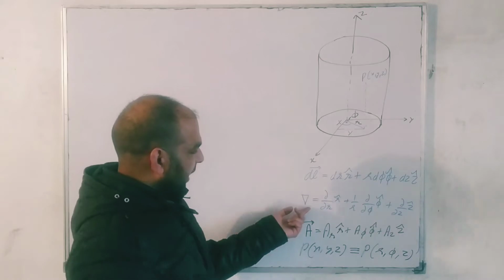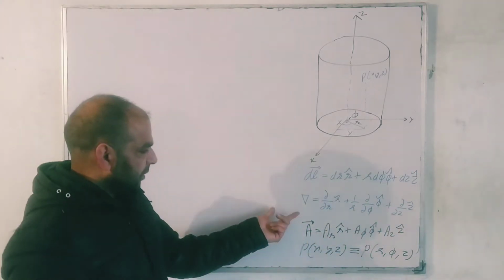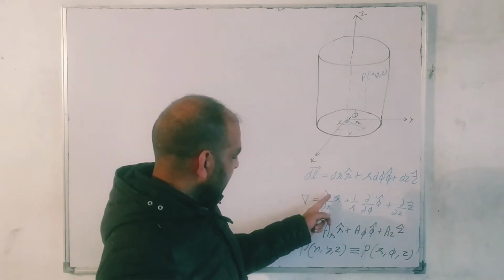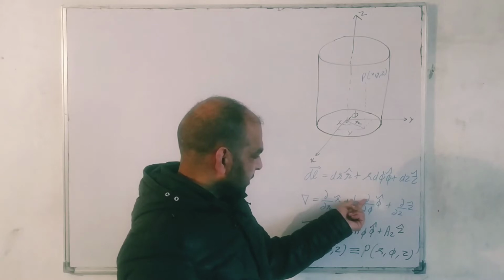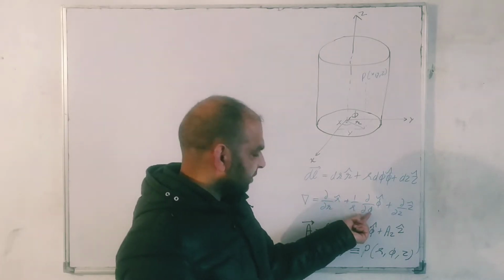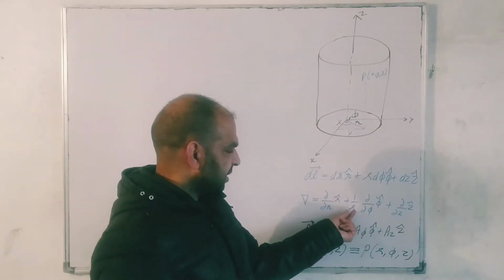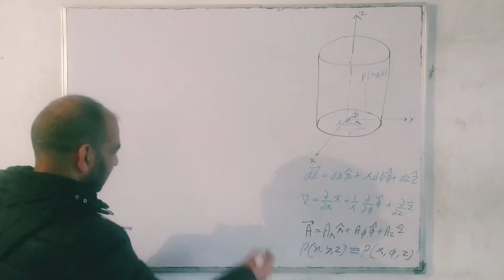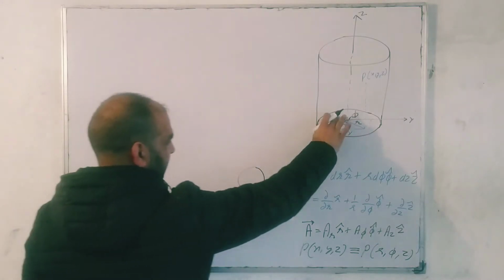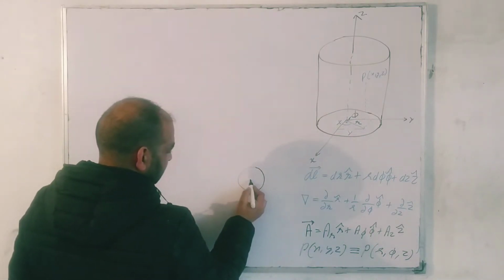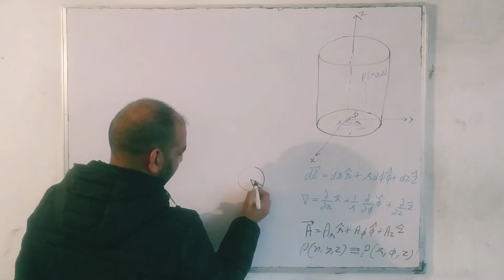And this is the del operator in the cylindrical coordinate system. Because there is a change along R, a change in R, and a change in the phi component, a change in phi. You can see here that phi does not change alone, it changes with R. Why does it change with R? Suppose we are considering this is the base of the cylinder. This is angle phi.